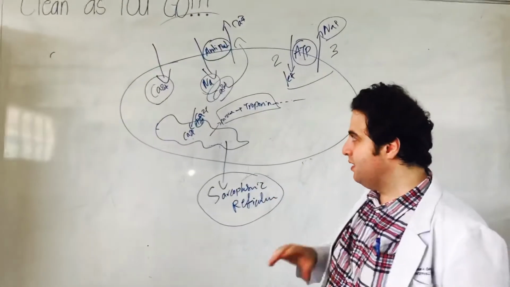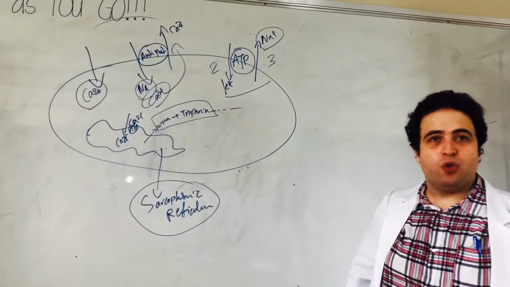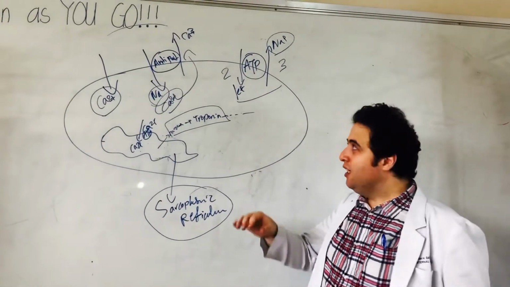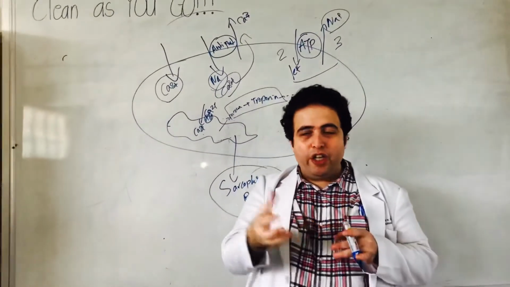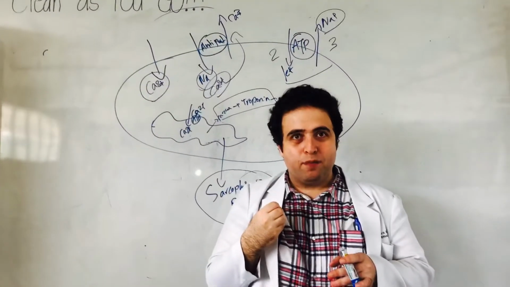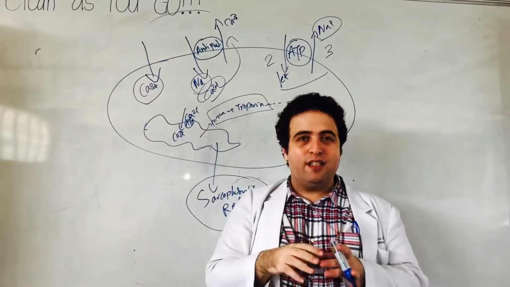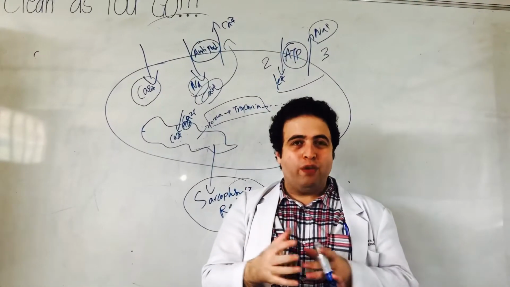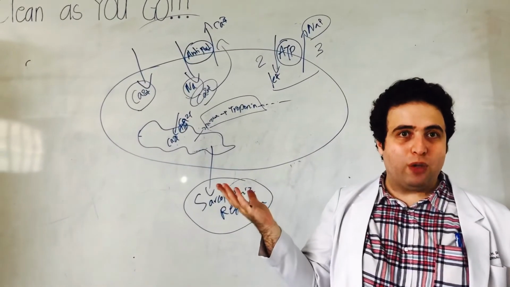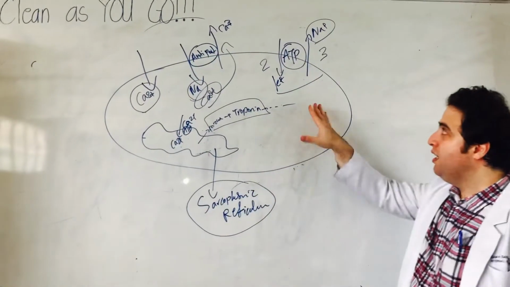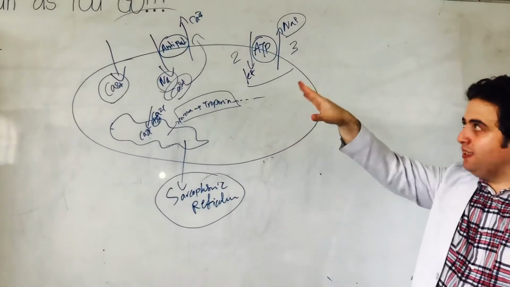Because, as I said, calcium is an enzyme activator. It can be dangerous to the cell in the long run. And sodium present in the cell will attract water. So what will happen if we have sodium in the cell and water is attracted? The cell will swell, and when it swells, it will lose its function. That's what I don't want to happen. That's why I really need this active transport, primary and secondary.